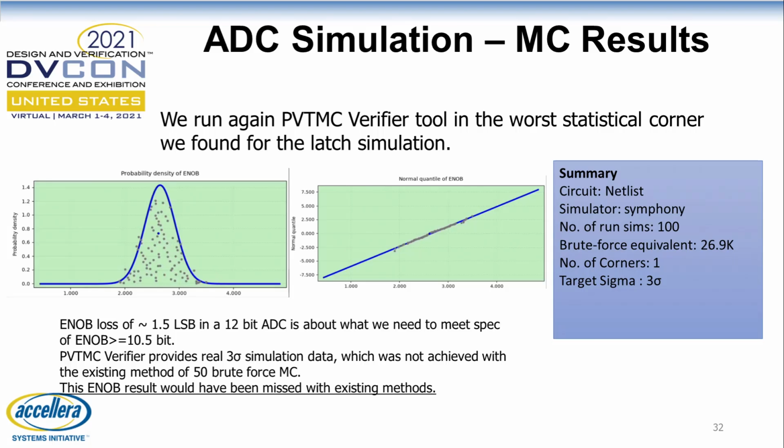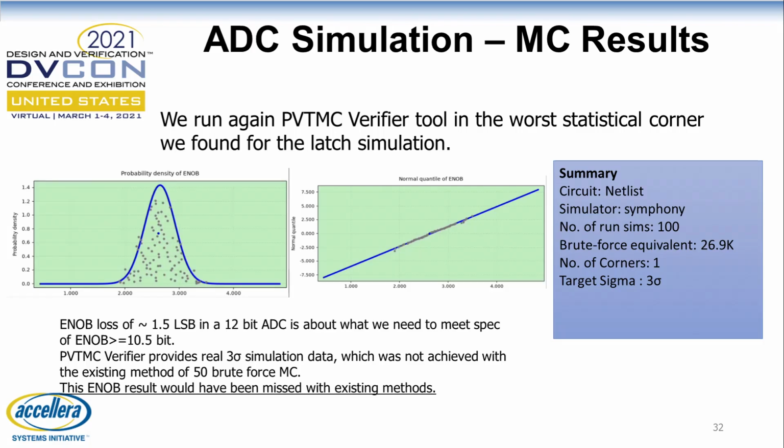is shown here. In comparison with our previous approach, this would have required very long brute force simulations to achieve this target sigma. You can see from the linear QQ plot that this is a Gaussian distribution. PVTMC Verifier provides real 3 sigma simulation data as compared to the previous approach, which was based on extrapolation.